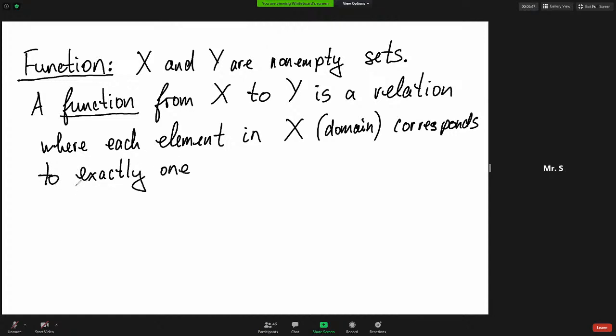And that's the key word here. That's that requirement that tells apart a function from a simple relation. So each element in x corresponds to exactly 1 element in y, the range.